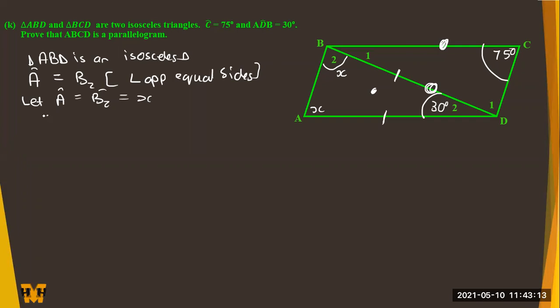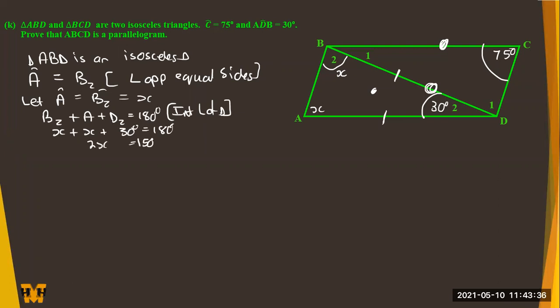Then we can just say B2 plus A plus D2 will add up to 180 degrees. It's interior angles of a triangle. And then it's just X plus X plus 30. That's 2X is equal to 150 if you take it over. Therefore, my X is 75 degrees. Lovely.